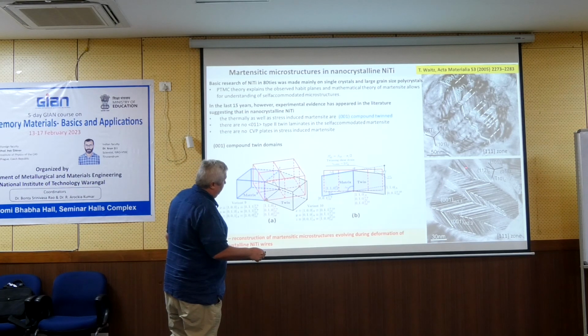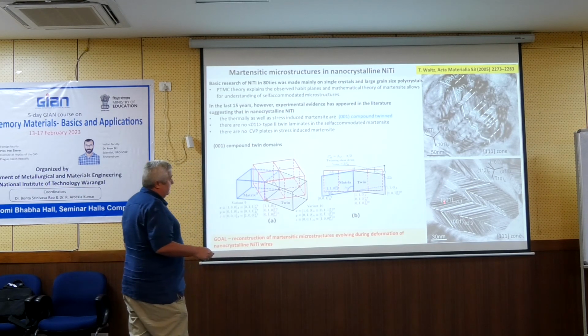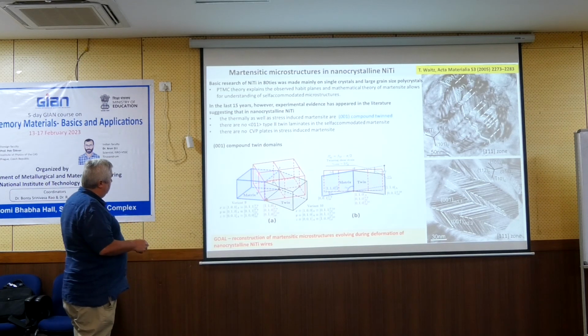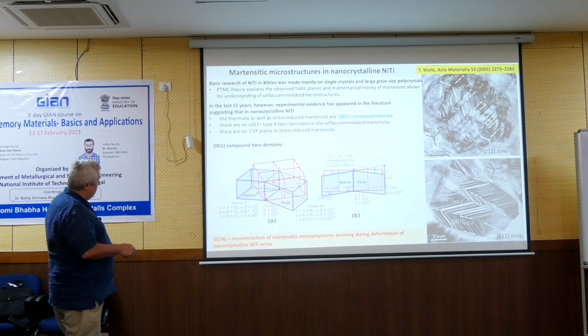So just a little bit more about these twins. As I showed in the morning, this is the austenite. These are the two variants which are related with 001 planes. They are like this. This is the monoclinic distortion, and here these 001 compound twins are these two twins which form these families.